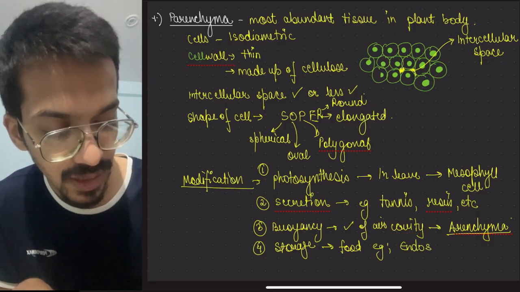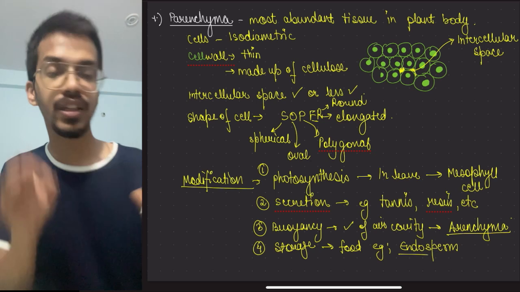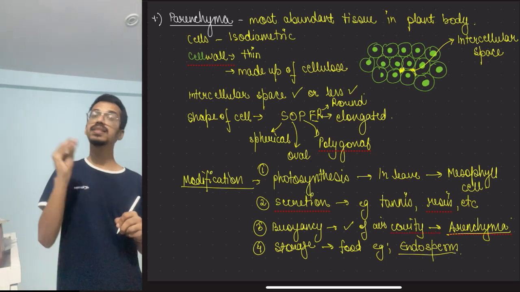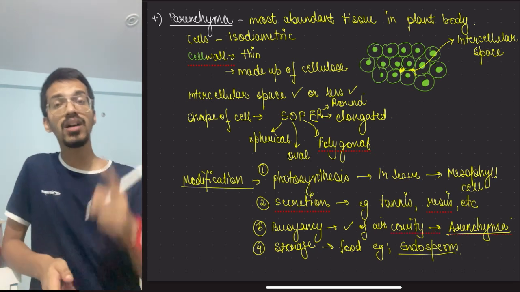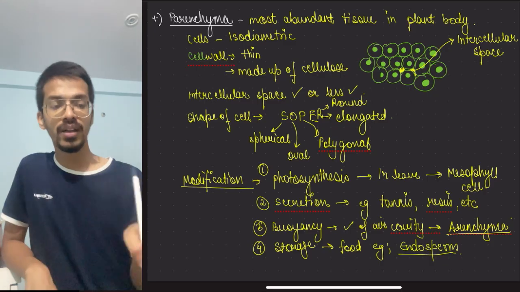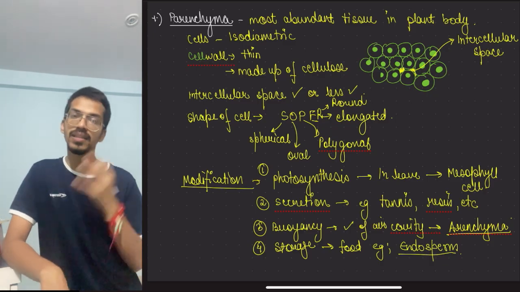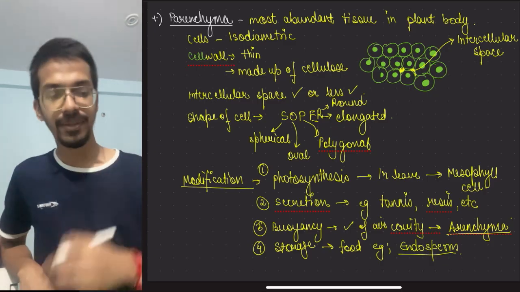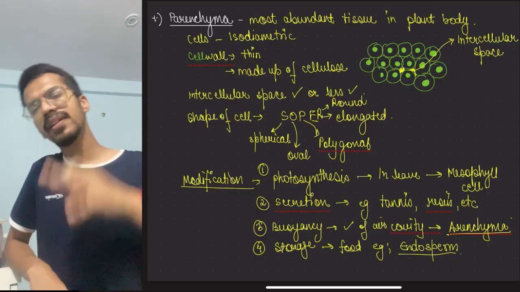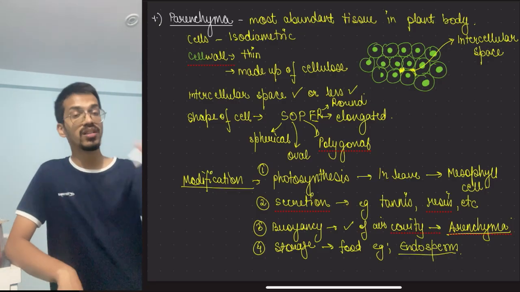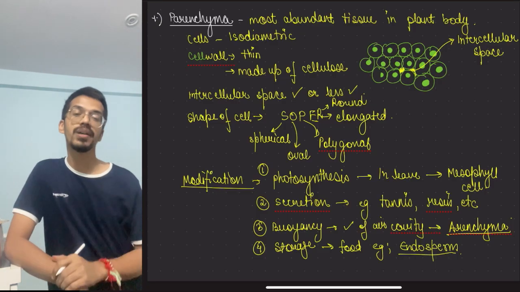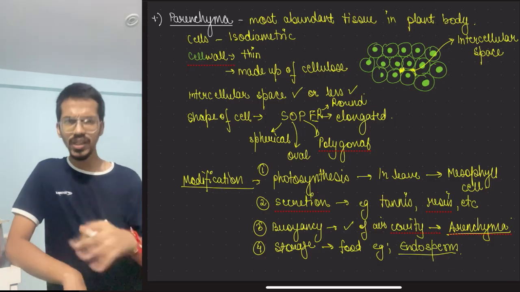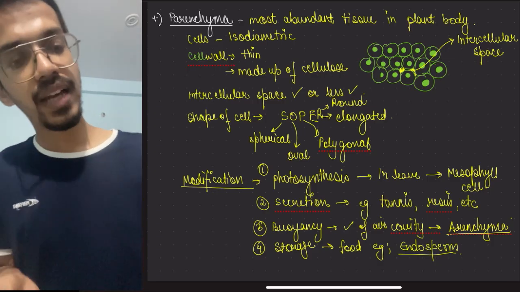Endosperm is a type of tissue present inside the seed. If you remember the morphology of plants topic, we have done this, that the seed has endosperm which is triploid. That is also a parenchyma cell modification. These are the basic factors you have to remember about the parenchyma. Let's hop into the next one, that is collenchyma.